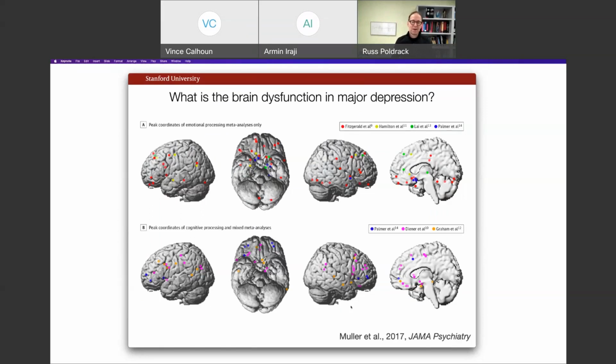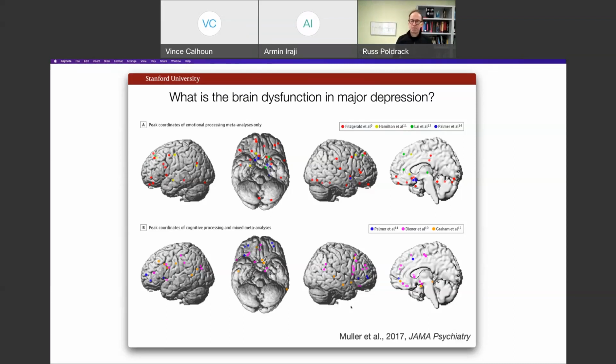This is from a meta-analysis from a few years ago, from Mueller et al., from Simon Eickhoff's group, where they looked at 99 different imaging studies of depression, basically case control studies comparing people with a diagnosis of depression to healthy people.